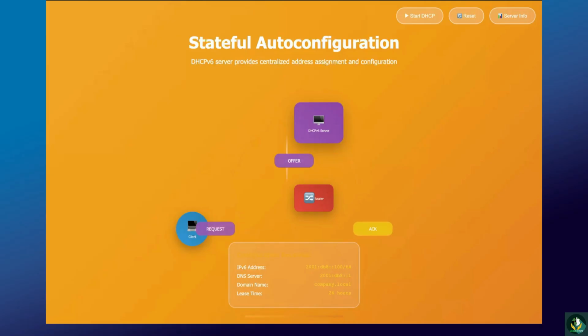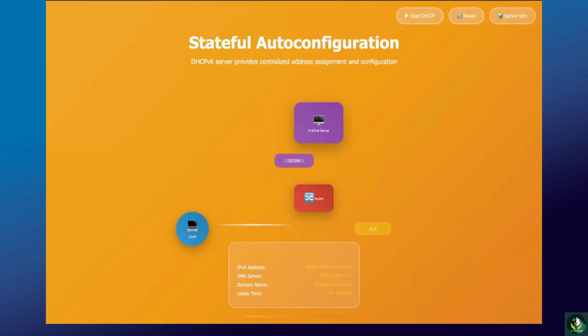So the host receives instructions from the router via router advertisement messages to use DHCP version 6. The host communicates with the DHCP version 6 server using multicast IPv6 addresses to obtain an IPv6 address, DNS server addresses, domain name information, and other optional settings.